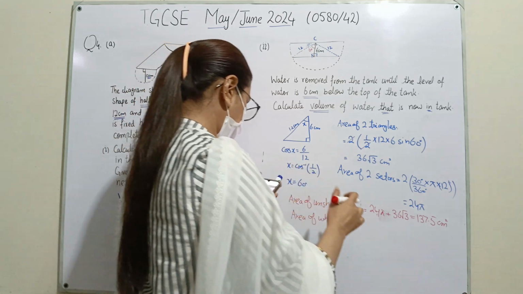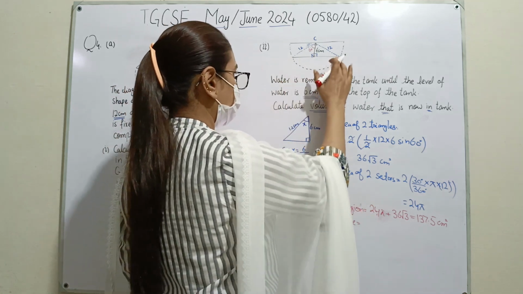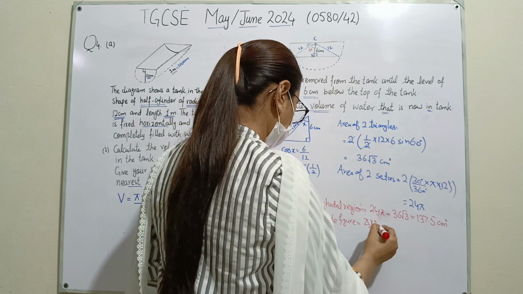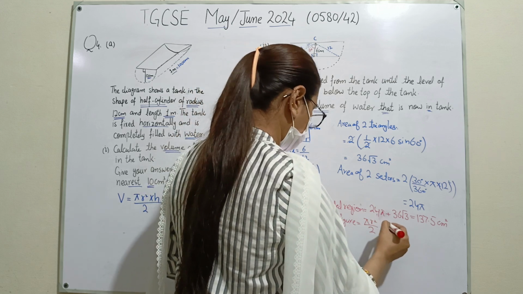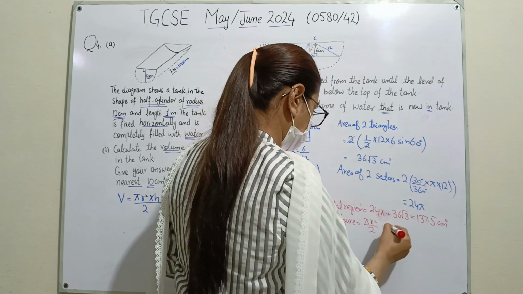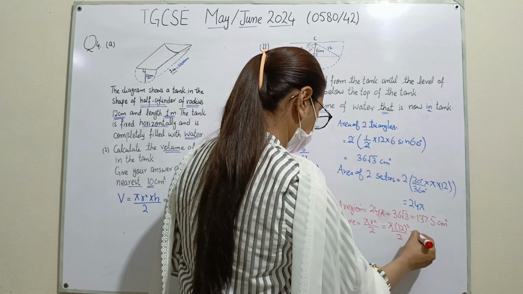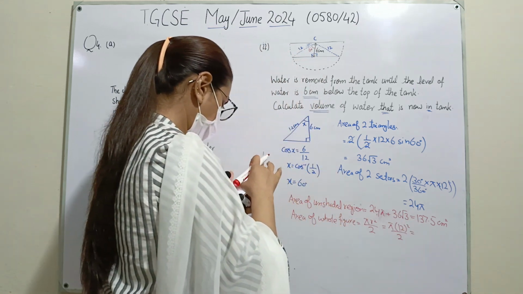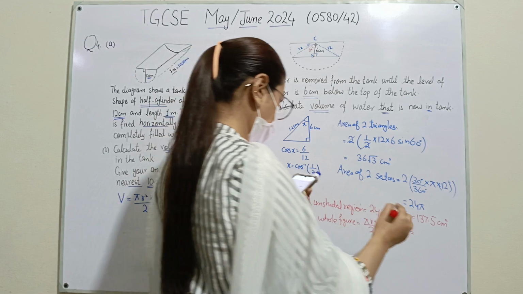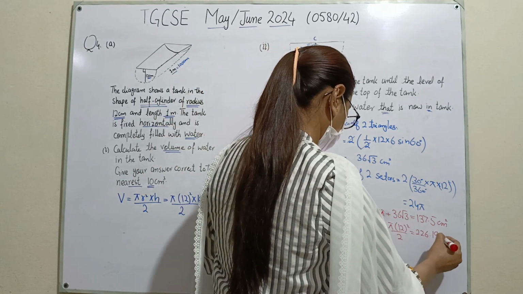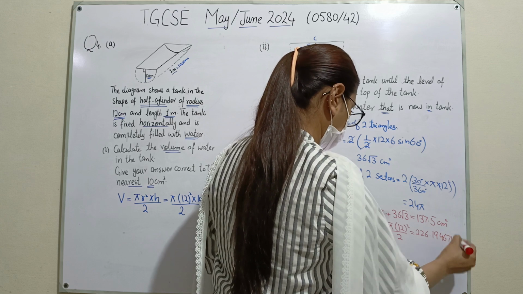Area of the whole figure will be pi r square by 2, that is a semicircle over here, that will be equal to pi times 12 square by 2, that is basically equal to 226.1946711.